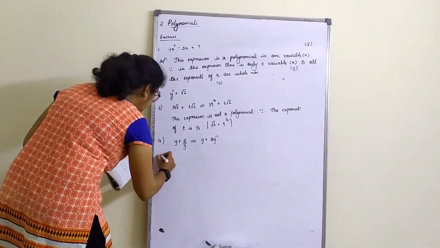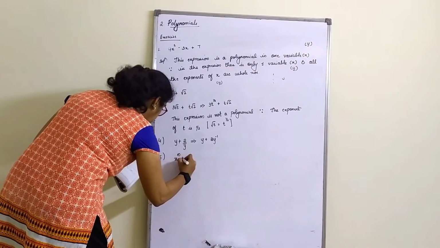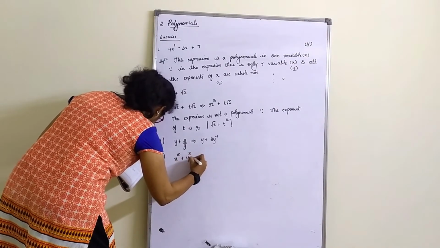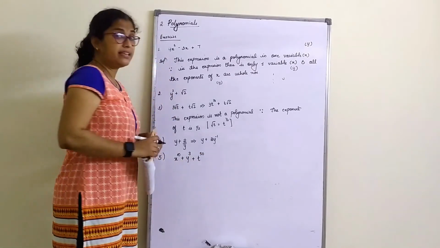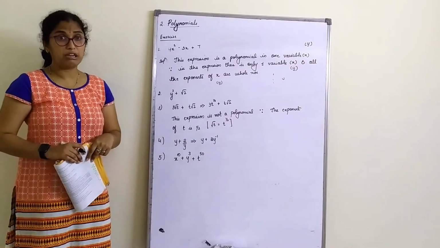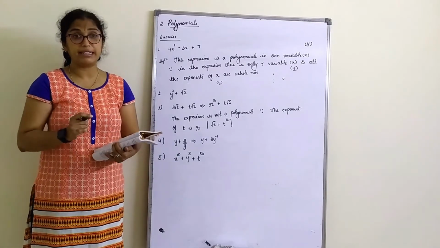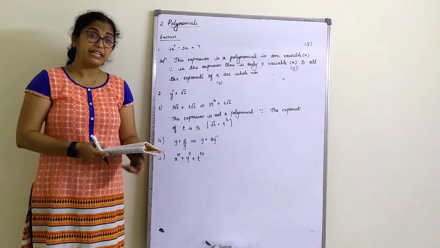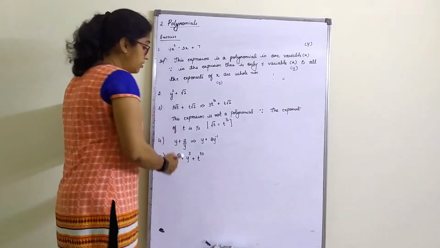Let's go for the next one. The fifth one given here is x raised to 10 plus y raised to 3 plus t raised to 15. Is this a polynomial? This is not a polynomial because it is not a polynomial in one variable. How many variables are involved? There are 3 variables involved. So what reason will I write?